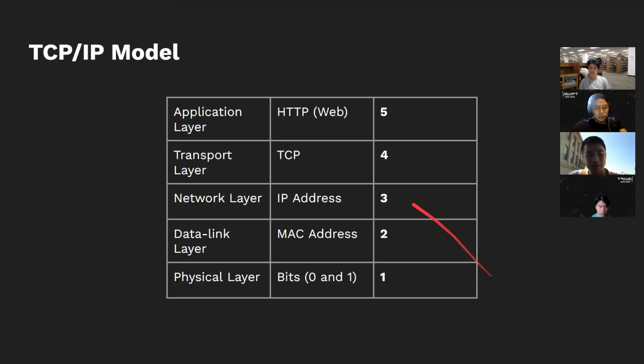Here's the TCP/IP model. Again, each layer has a specific number. So when we talk about layer 3 devices or layer 2 devices, those are devices that work with IP addresses or with MAC addresses. Respectively, routers would be a layer 3 device, switches would be a layer 2 device.